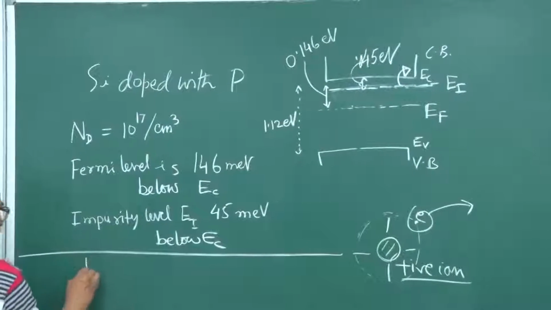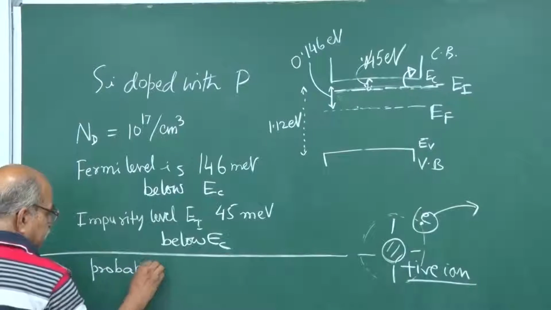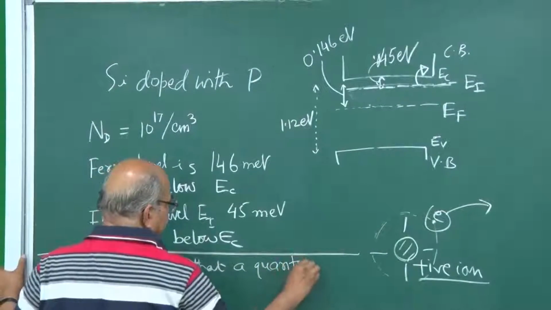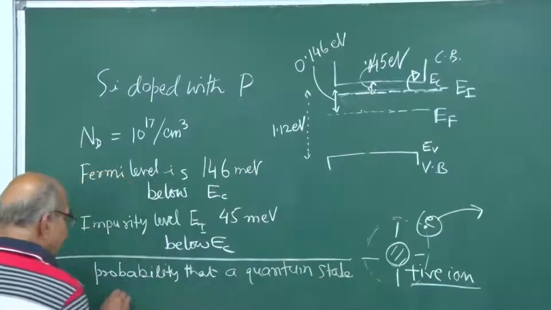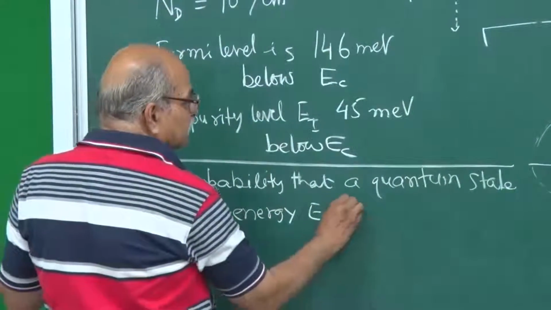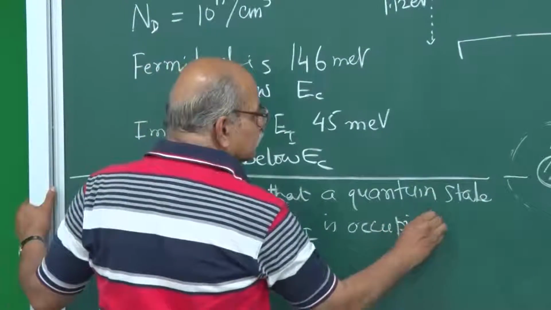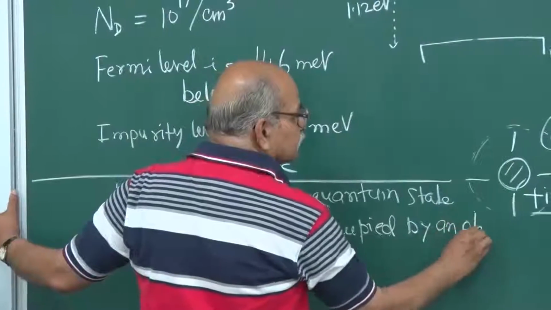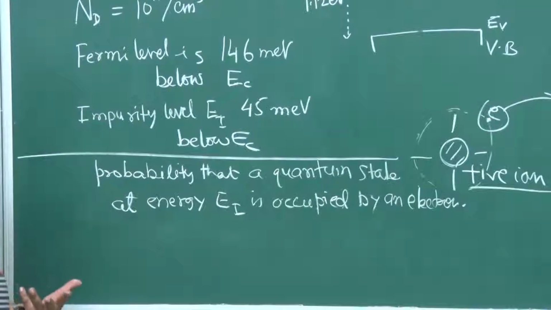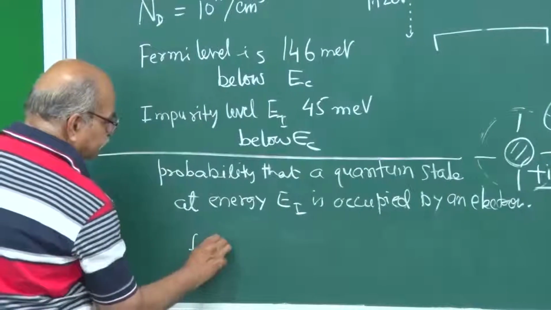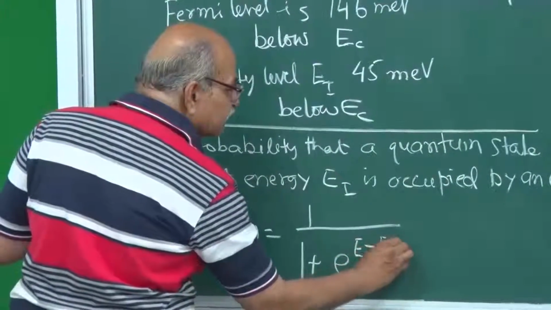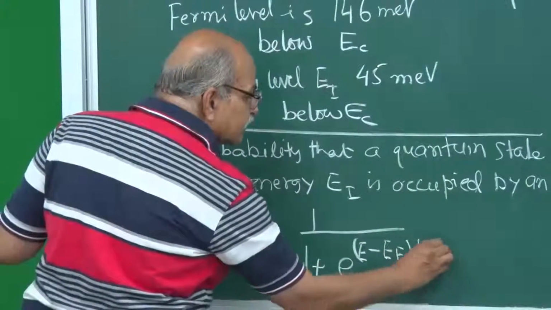So, the probability that a quantum state at energy EI is occupied by an electron will be given by the Fermi function f of E, which is 1 divided by 1 plus e power (E minus EF) over kT.